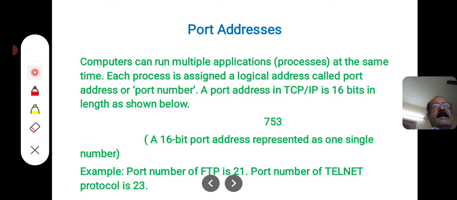So now FTP is given port number 21. Some fixed numbers are given to well-known protocols. Telnet is given 23. So port number is to be specified. Example given is 753, in binary 16-bit port address.